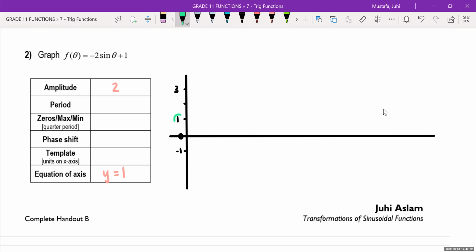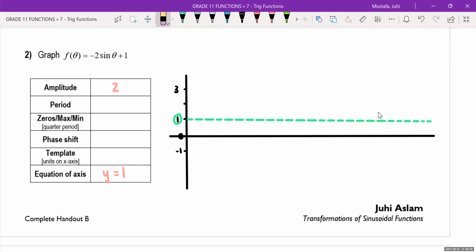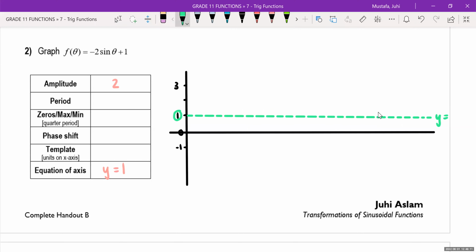Okay, so 1 is my equation of axis. I'm going to go ahead and draw a dashed line there. Is that kind of straight? That's good enough. Let's just pause. All right, so I'm going to just label this line y is equal to 1.